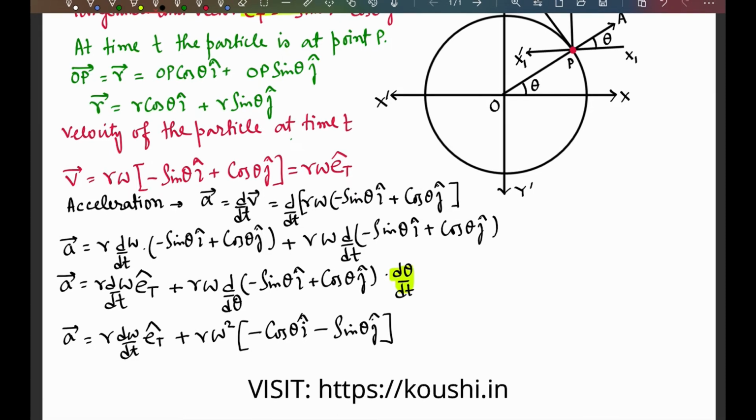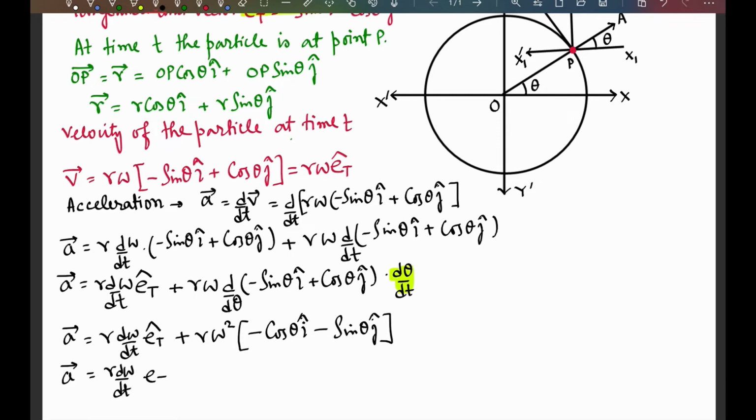Then this equation we can write as A, this is R d/dt of omega e_t cap minus R omega square (cos theta i cap plus sin theta j cap).